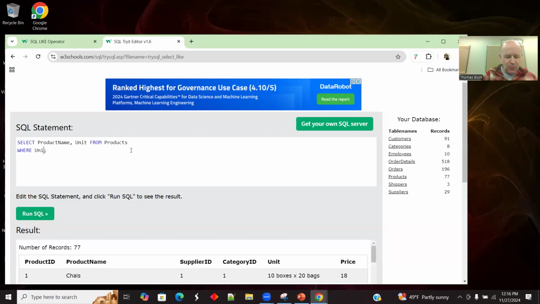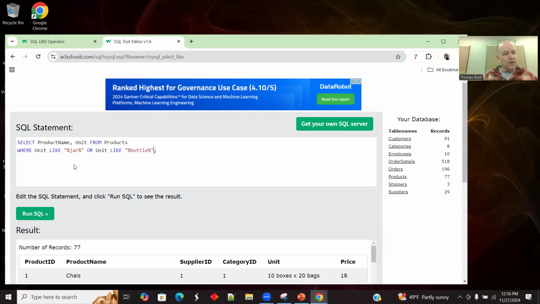So we would say where the unit is like percent jar, that should get all the things that come in a jar or jars. And then our or, and then again, our whole condition. So starting all over again with unit like, and then let's do bottle percent.